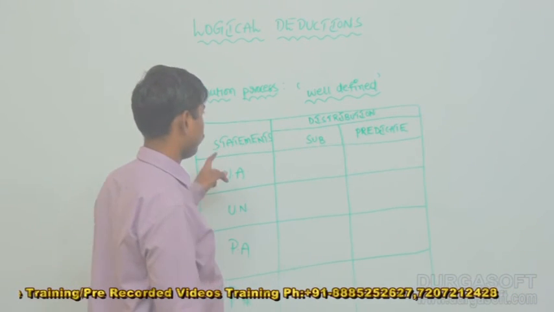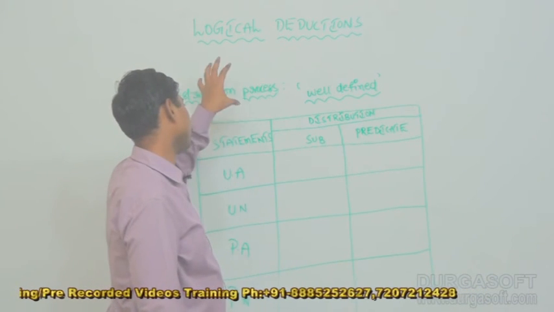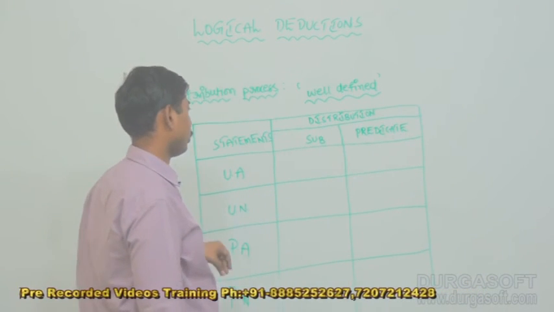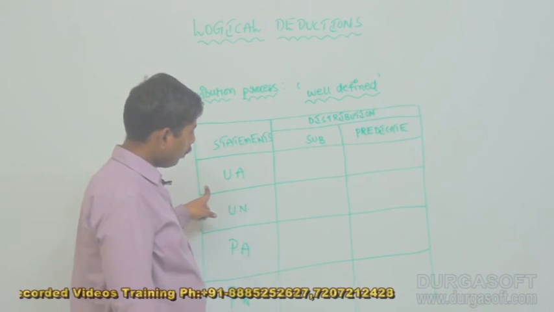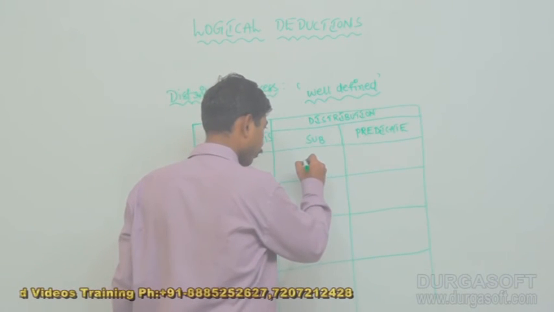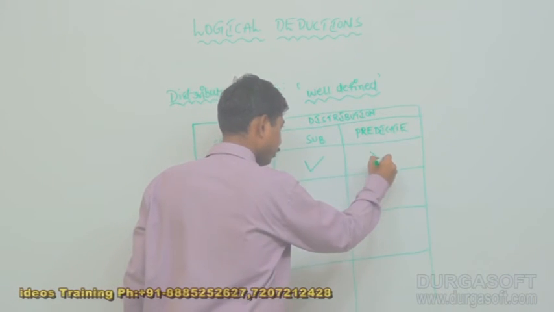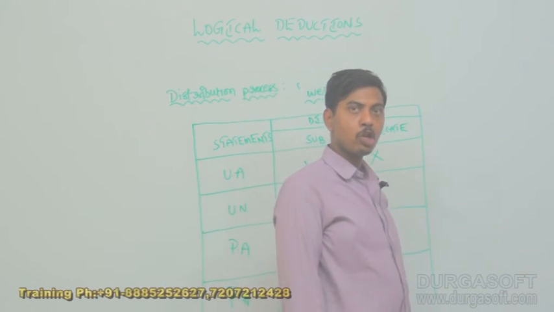Each and every statement contains subject and predicate. Now we are looking at the distribution process of each and every statement. When I talk about universal affirmative, in that statement, subject is defined very well, predicate is not defined very well. Let us look at an example.